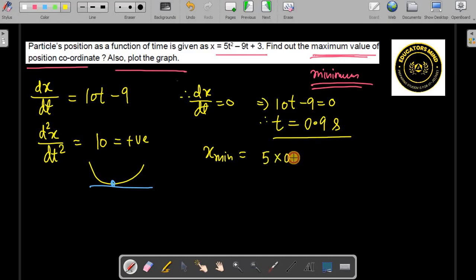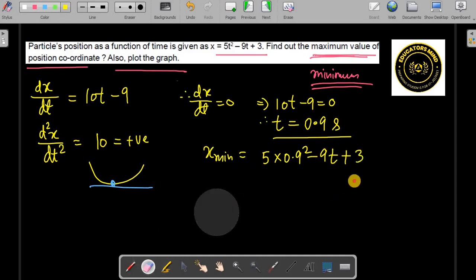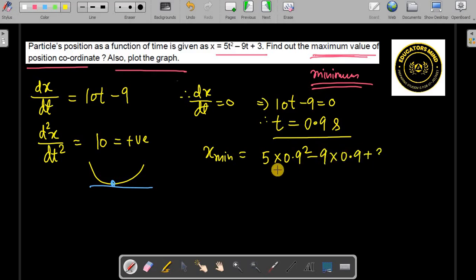So 5 into 0.9 whole squared minus 9t plus 3, t means here 0.9, isn't it? 9 into 0.9 plus 3. So calculate this, how much will the value be? I think this will be minus 1.05. Okay, this is the position.